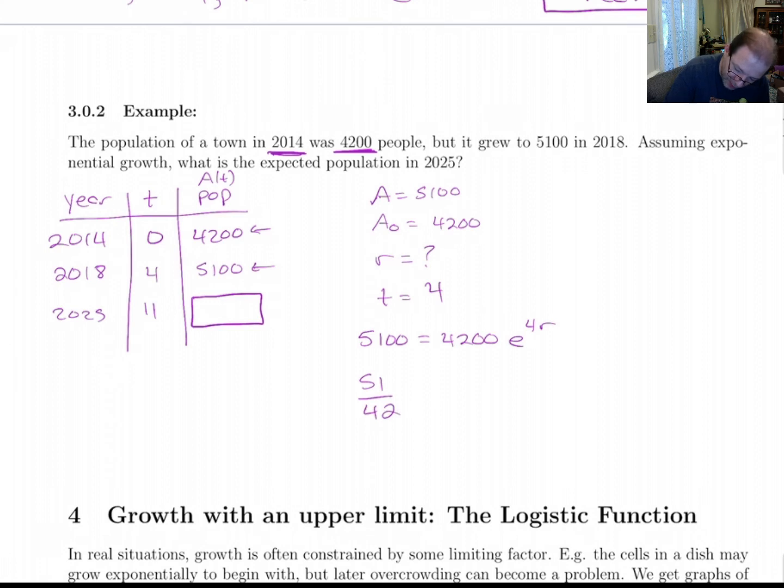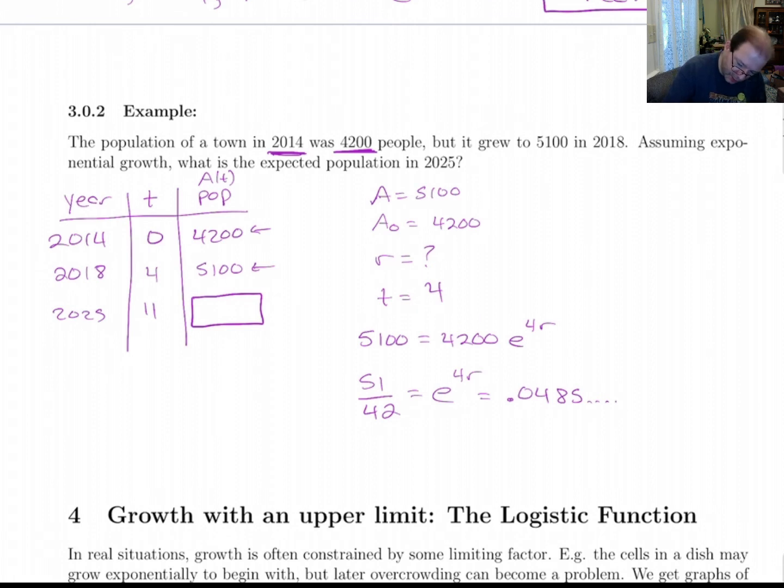Divide both sides by 4,200 and reduce. You get 51 over 42 is e to the 4r. So let's see, ln of 51 over 42 divided by 4 gives me a growth rate of 0.0485, and that keeps going.